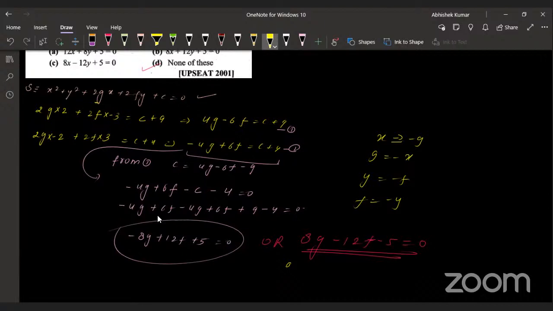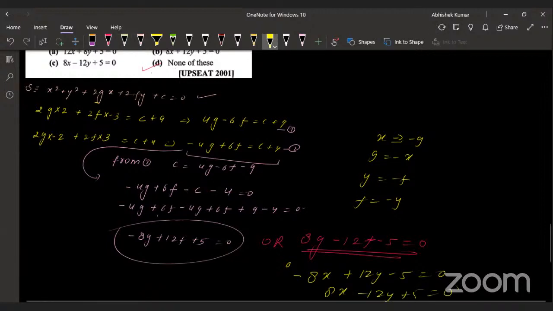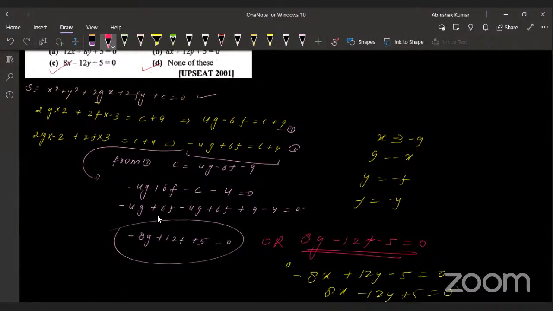Check again. If I replace g by minus x, you will get minus 8x plus 12y minus 5 is equal to 0. You have 8x minus 12y plus 5 is equal to, sorry, option C is matching. Okay?